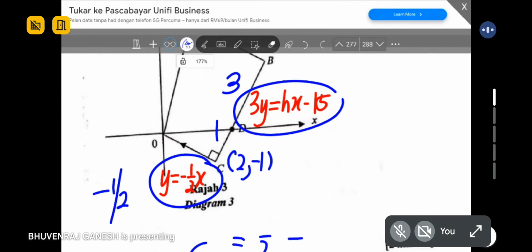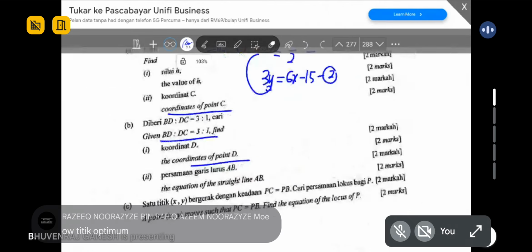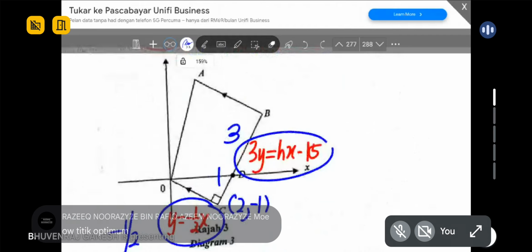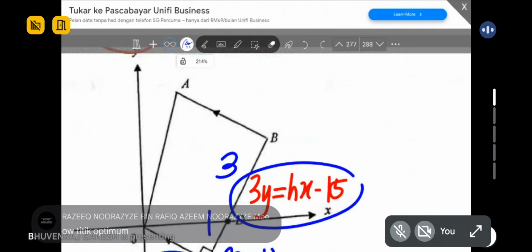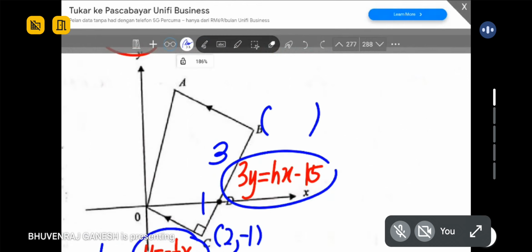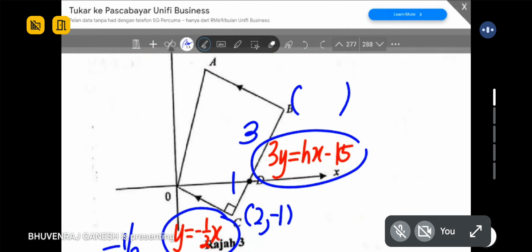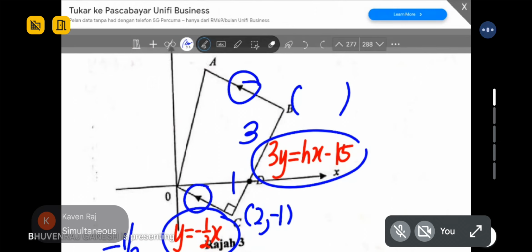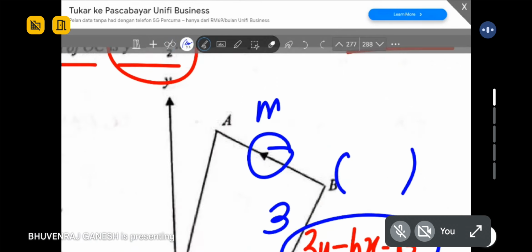You guys must use divisor formula for point D. But how to know the coordinate of B? Anyone? Siapa boleh cari nilai dia? How to find coordinate B? The concept is you guys can see over here, right? The symbol is parallel, right? Am I right? Selari. So the gradient here is also negative half, correct?